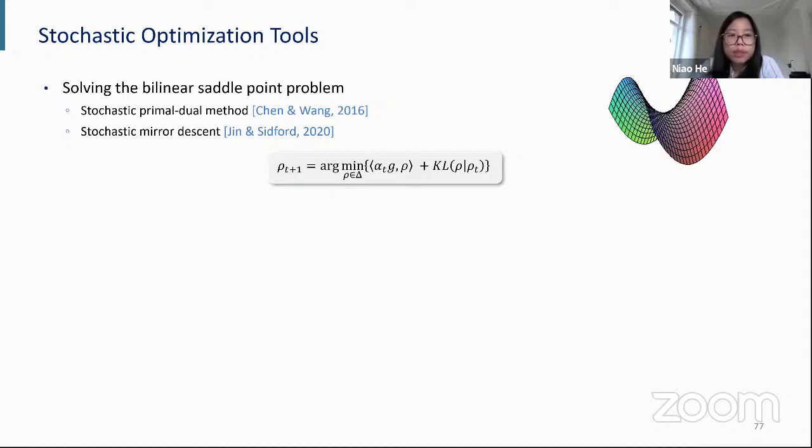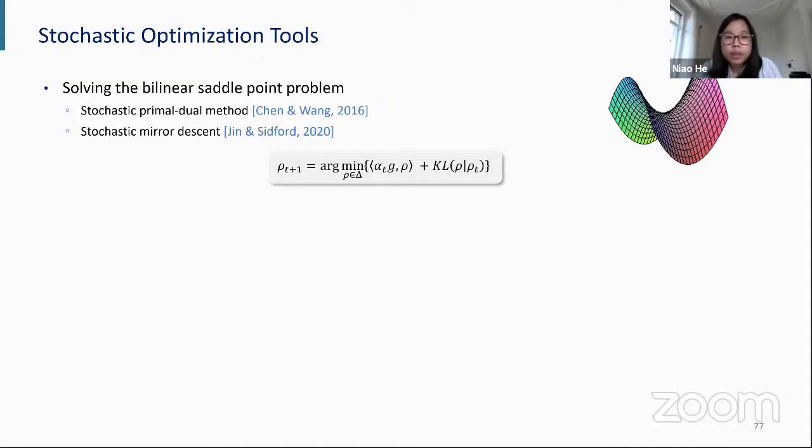And in the recent result, the way you do the update for, say, the dual variable rho is, instead of using gradient descent, where typically you are going to use a squared norm distance here, you are going to replace that by, say, for instance, a KL divergence between rho and the previous iterate rho_t, right? So this is called a mirror descent step, which oftentimes gives you multiplicative updates for your vectors rho.